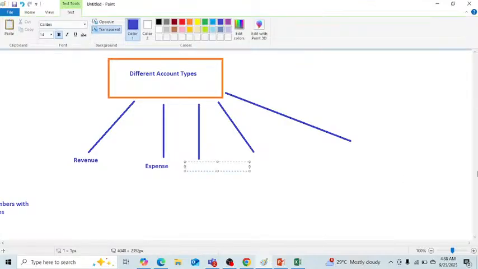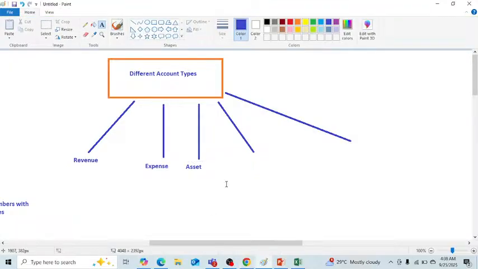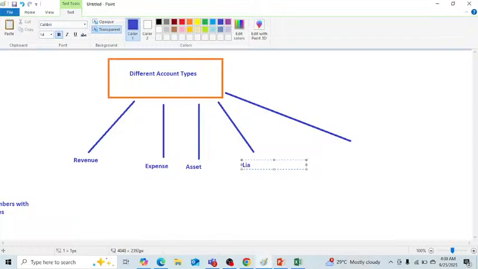Then we have the asset. So it aggregates as a positive number. Another thing that we have is liability and equity.